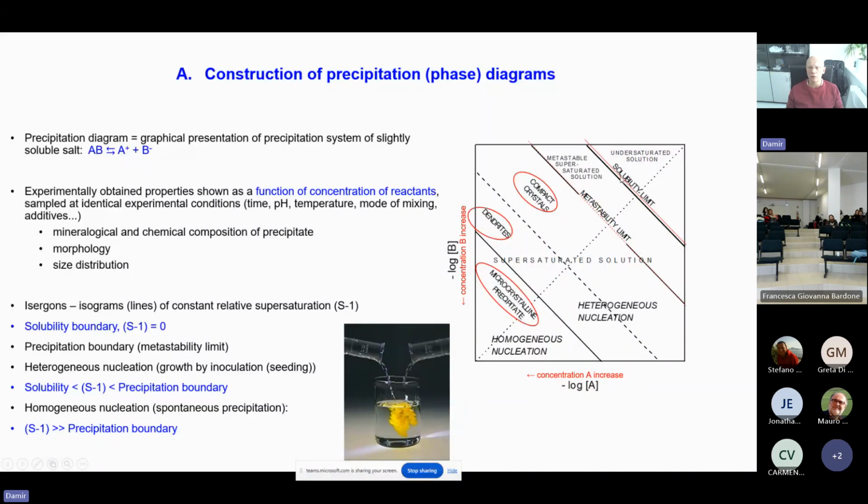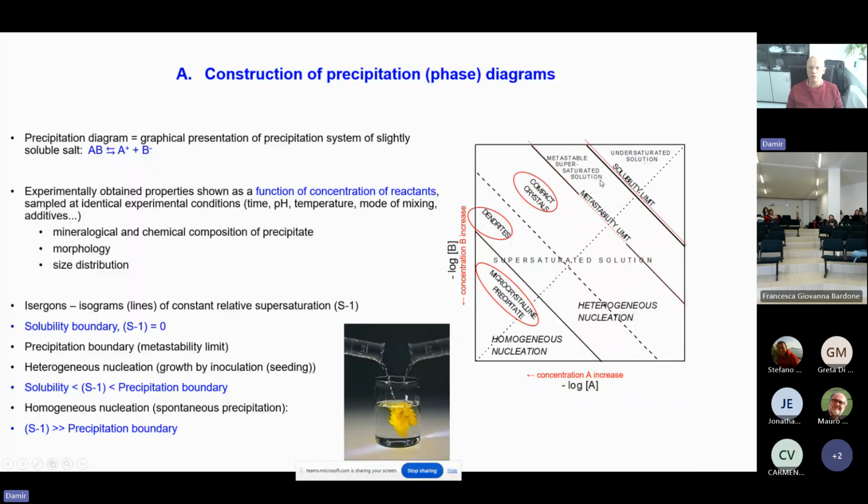The first line you can see here, in the low concentration region, is the so-called solubility boundary. The relative supersaturation here is 0. So in this region, at low concentration, there is no precipitation. Precipitation can proceed by increasing the concentration of the reactant.